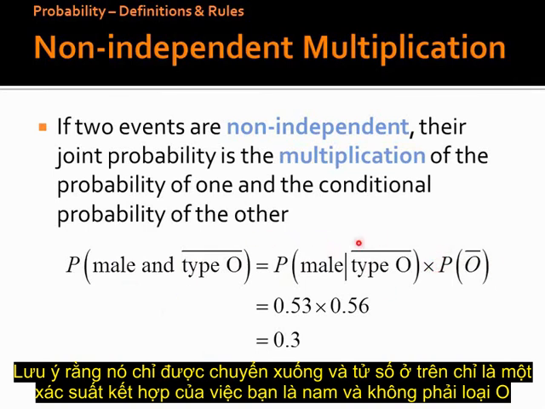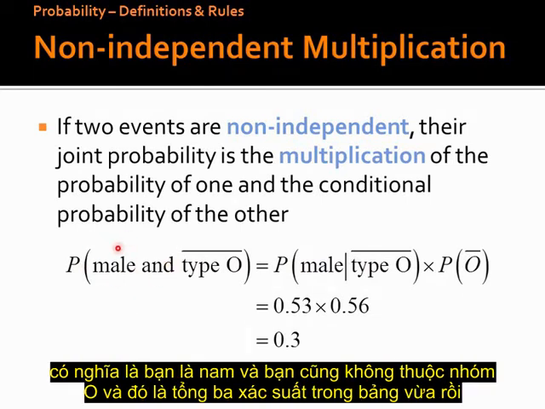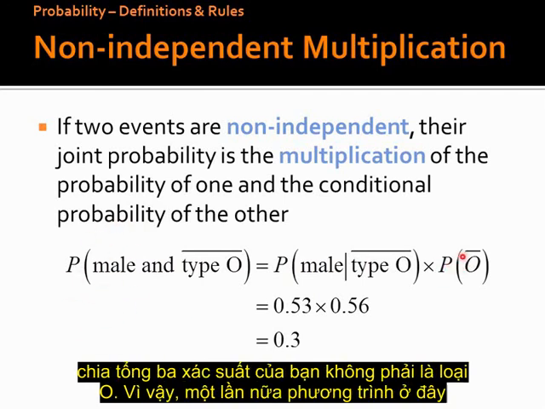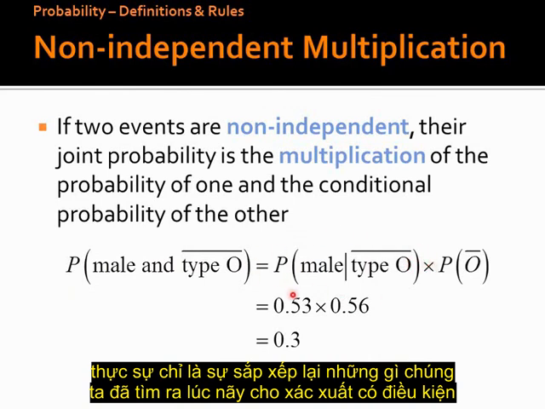The numerator, the one on top, was just the joint probability of you being male and not type O, meaning that you are male and you're also not type O, and that was those three probabilities in the table just now over the three probabilities of you not being type O. So again, this equation here really is just a rearrangement of what we worked out just now for conditional probability.